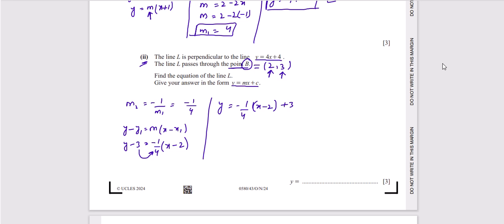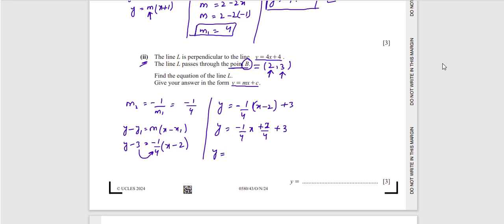So y is equal to minus 1 by 4 multiplied with x, that is equal to minus 1 by 4 x, minus 1 by 4 multiplied with minus 2, that is equal to 2 by 4, plus 3.